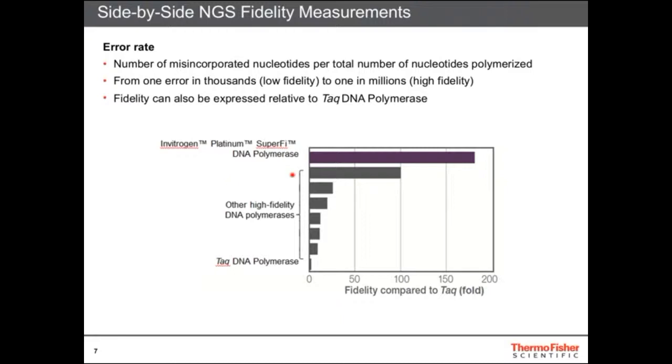And in this image, as you can see, there's a lot of high fidelity polymerases that will give you, on average, between a 15 and maybe a 30-fold increase in fidelity over Taq. But there are some other high fidelity enzymes on the market that will give you much better improved results.